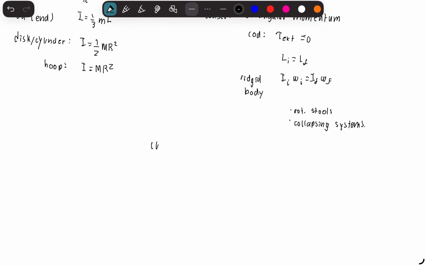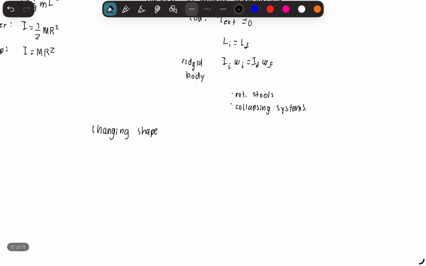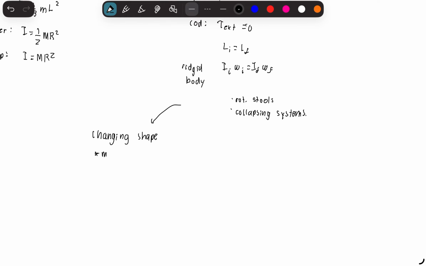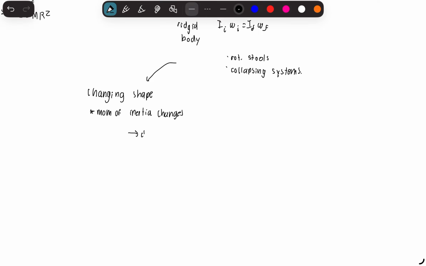Now, what if we have a changing shape? If you have a changing shape, that is when your moment of inertia changes. So when it changes, that's when you have a clay block that hits a disc, or a bullet embedded in a rod, or a mass landing on a platform. So they stick.